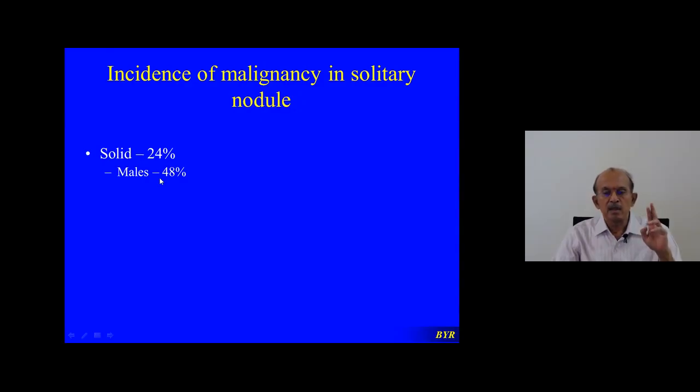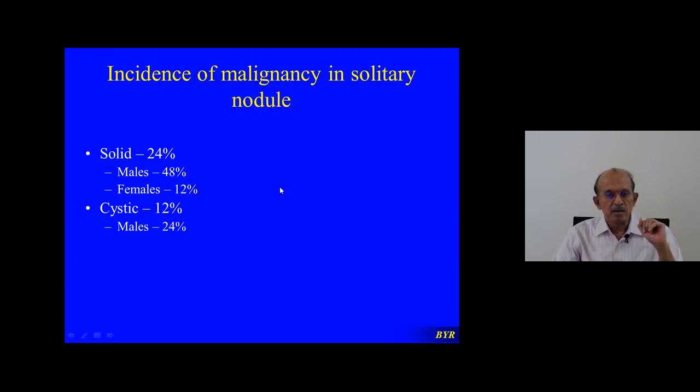So in males, if there is a solitary nodule in the thyroid gland, it is malignant with a chance of 50%. Females 12%. Then if a cystic lesion, it is 12%.